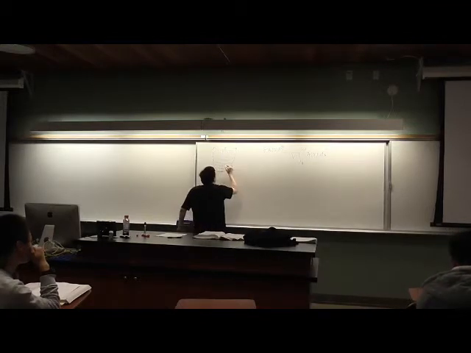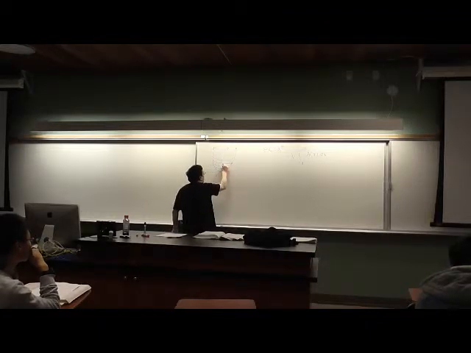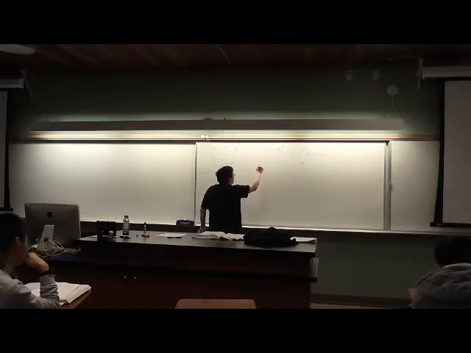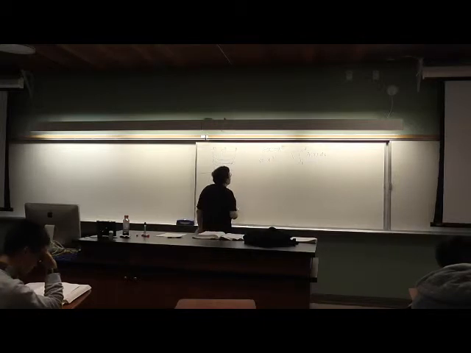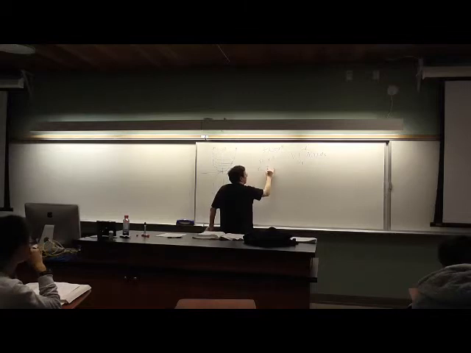So again, I want to know what my x value is here in terms of y. So I start out with y equals x cubed. And of course, that means my x equals the cube root of y.